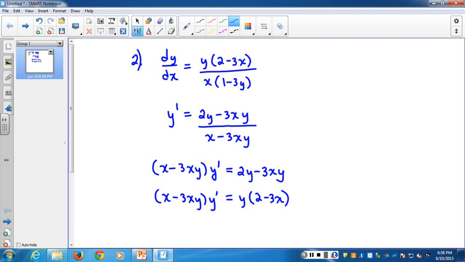In the coefficient of your y prime, you cannot have a y involved. There's no way to get that y out, no way to get that y away from it. That is why that is non-linear.